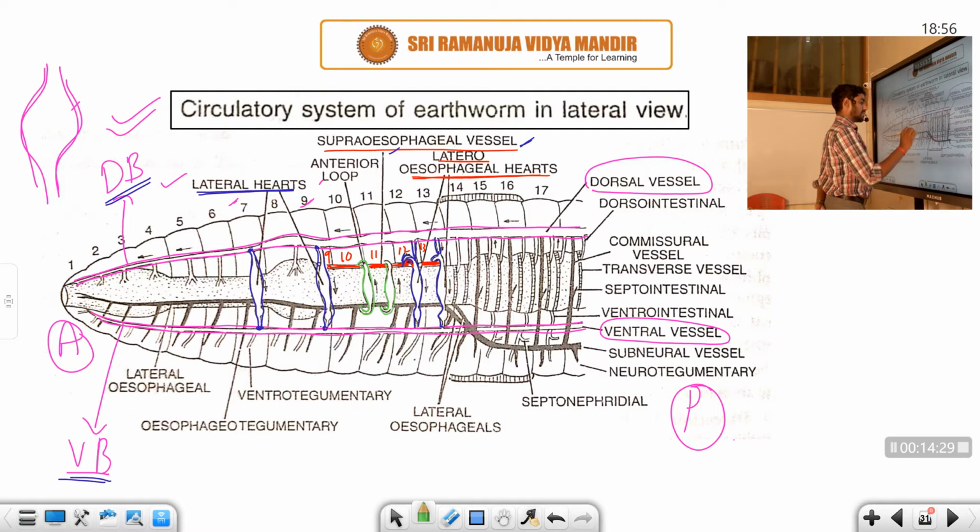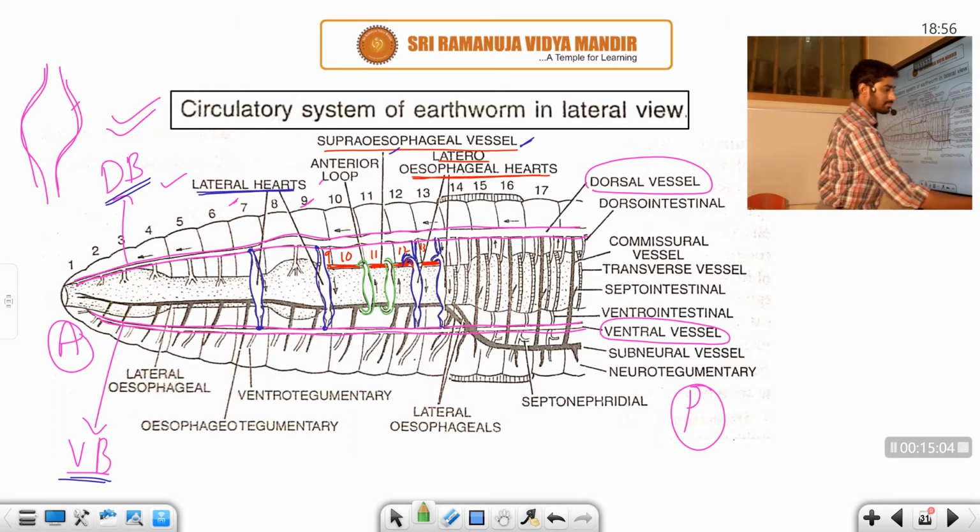This part we call the lateral loop, situated in the 10th and 11th segments. This anterior loop on the 10th and 11th segments doesn't have any proper valves. This is another importance of the anterior loop. I hope you are clear up to now: lateral hearts, lateroesophageal hearts, and the anterior loop.